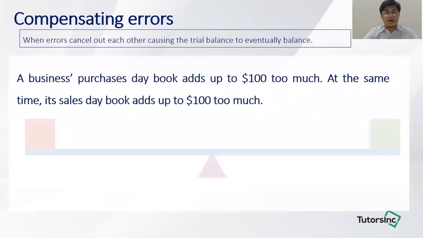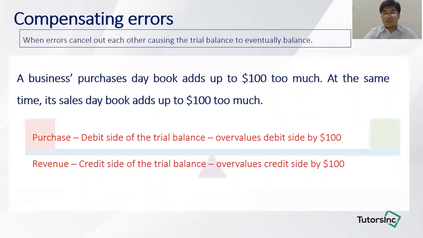Let's say we have this transaction. A business's purchase day book adds up to $100 too much. At the same time, its sales day book adds up to $100 too much. Now, you have made two mistakes, one in the purchase day book and one in the sales day book. Now, purchase falls on the debit side of the trial balance.